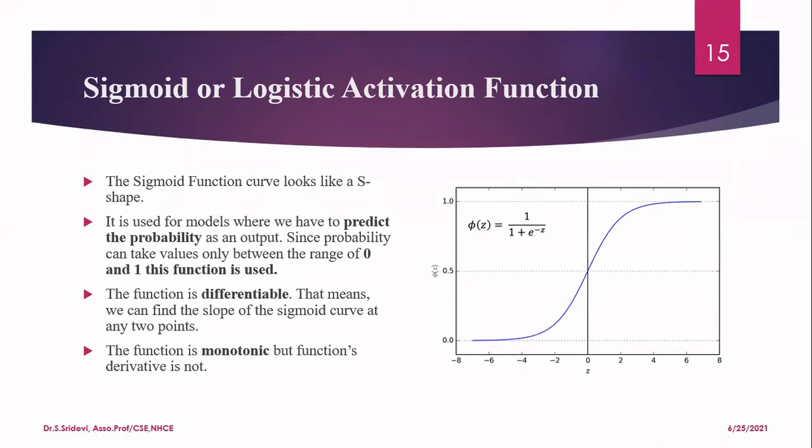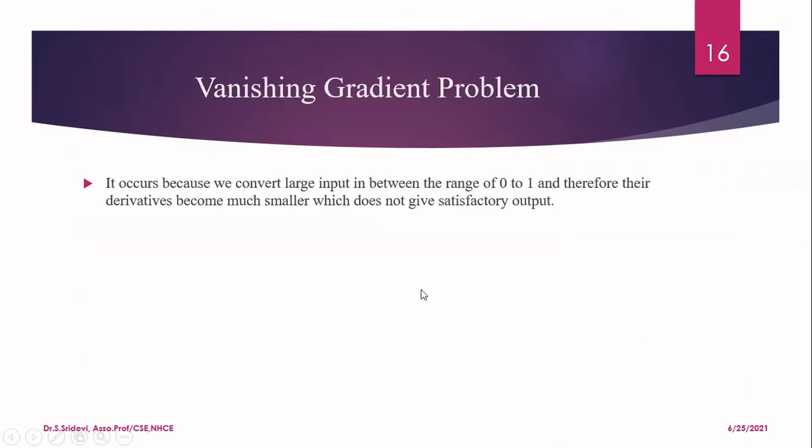Like I can say this is the output with 50% probability or 70% probability and so on. So the sigmoid function is used for models where we have to predict the probability as an output, and our probability is going to take a value from 0 to 1. In that case, you can use this function. This is called the logistic or sigmoid activation function.